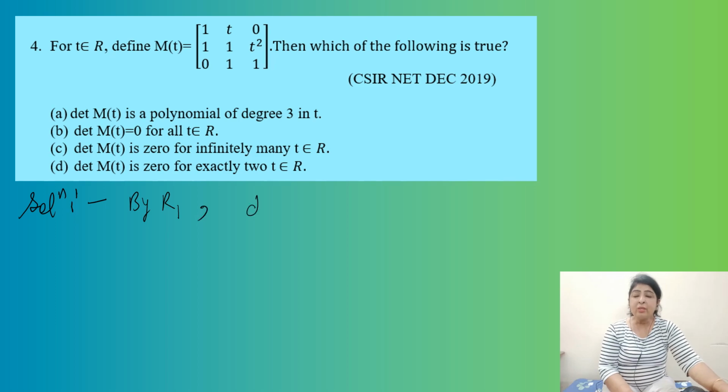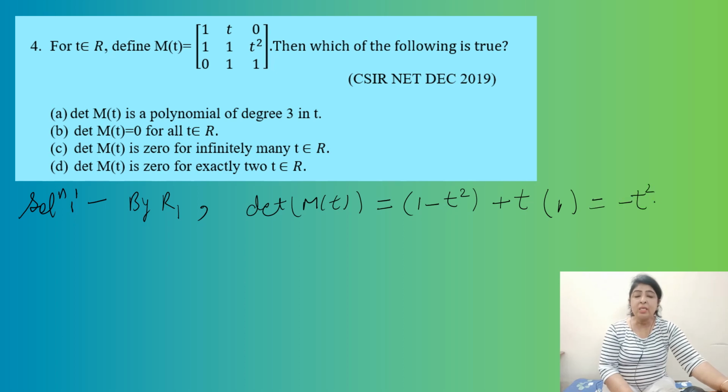So what you will get, the determinant of M_t is equal to 1 minus t square plus t, which gives minus t square plus t plus 1. This is the determinant of M_t. Now he says the determinant of M_t is a polynomial of degree 3 in t. So A is incorrect.